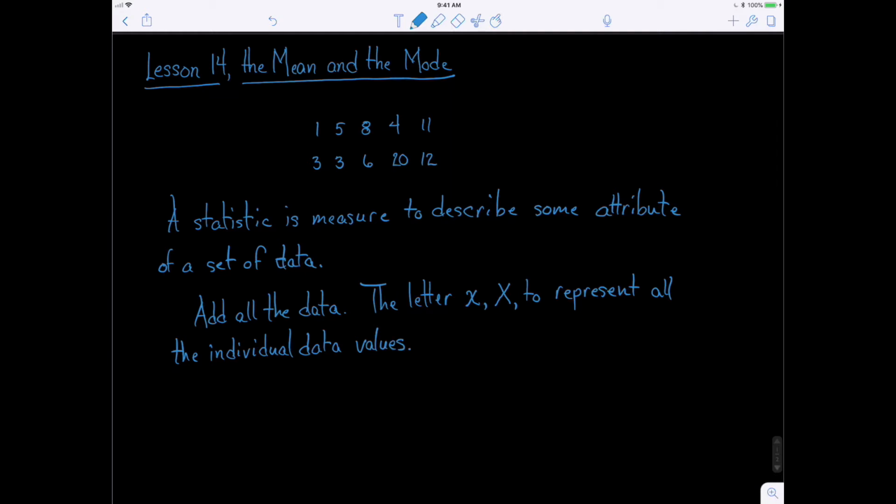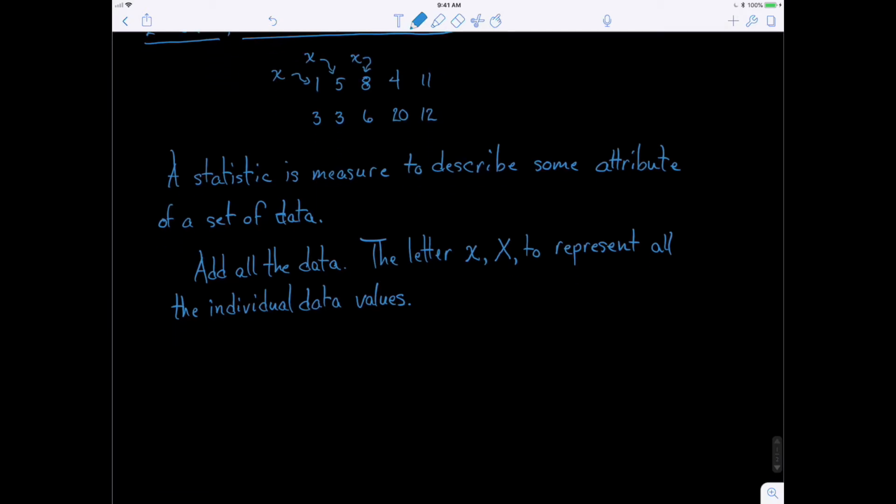So for example, up here, these are my x's. One of my possible x's is 1, and another possible x is 5. Another possible x from my data set is 8, and so on. You can go through all 10 values there, and all of those are represented by an x.